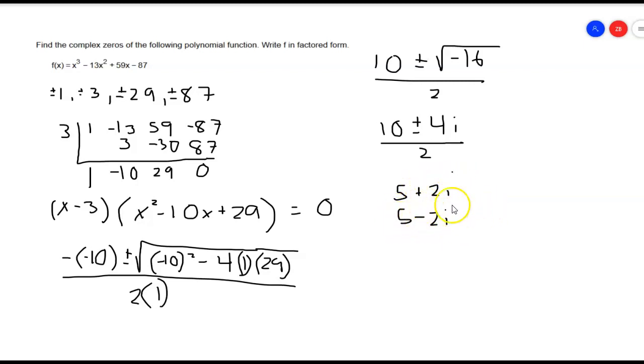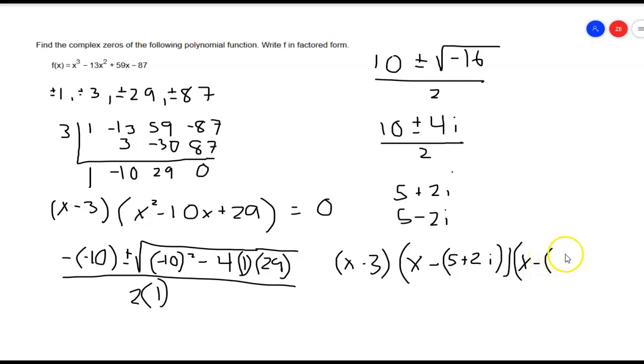So these are solutions. And then in order to write this entire thing in factored form, we're going to start with the x minus 3, then x minus the first zero, and I'm going to put this in parentheses to remember to distribute, 5 plus 2i. And then finally, we have x minus that third zero, which is 5 minus 2i.